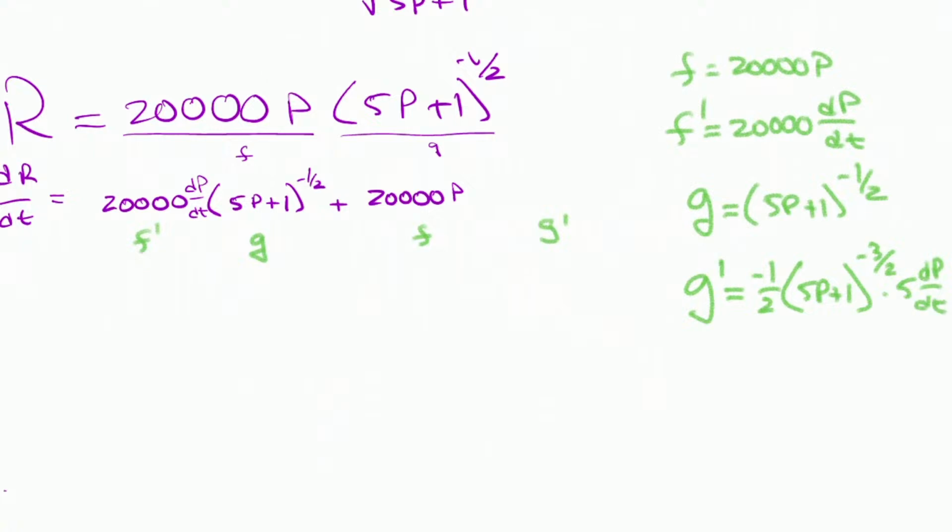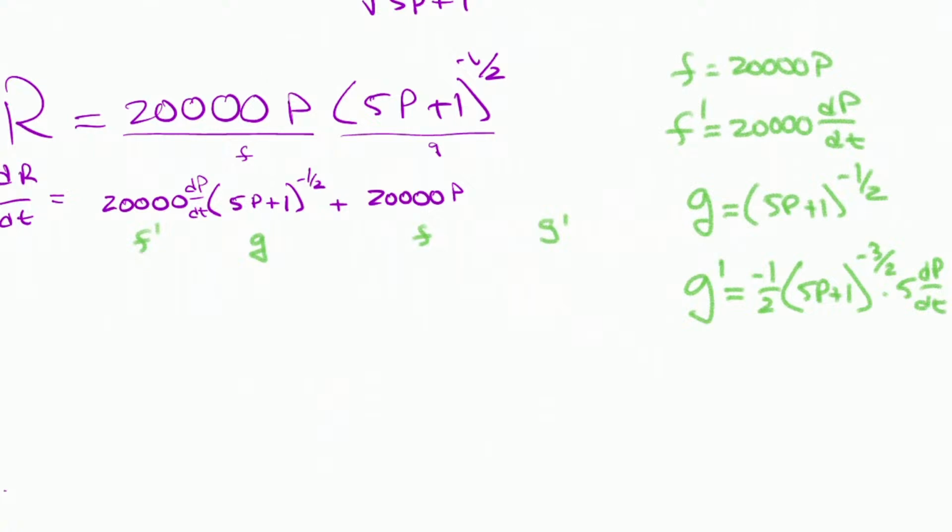Now that's the chain rule right there. I just did the power rule here. Multiply by the power, subtract 1 from the power, and leave the thing in the parentheses alone, and then you do the derivative of what's inside, and the derivative of what's inside there is 5 dp over dt. Thank you, Elena, for reminding me about the dp over dt.